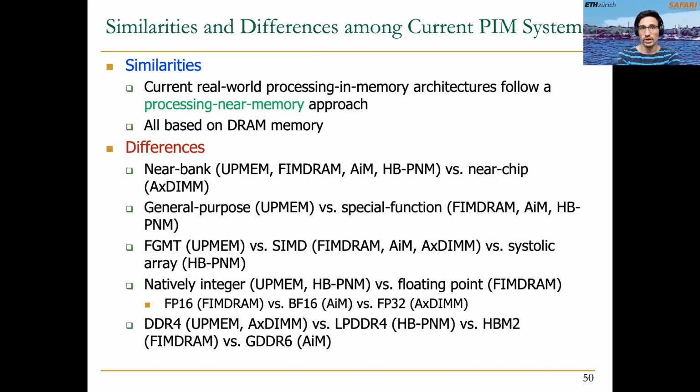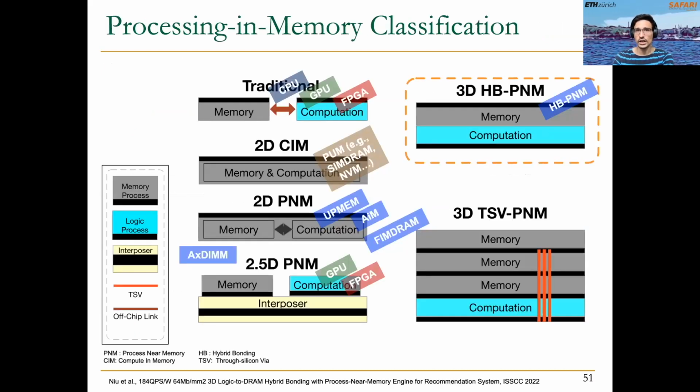And finally, the different types of DRAM memory. Some of them DDR4 memory or LPDDR4, like HB-PNM, but also DDR for graphics, GDDR6 in AIM, and the 3-stack memory HBM2 in FIMDRAM.